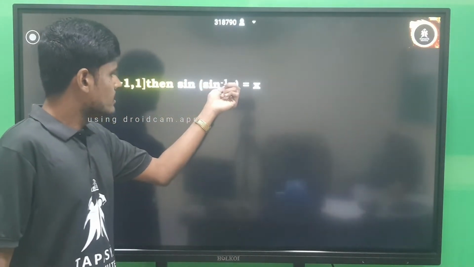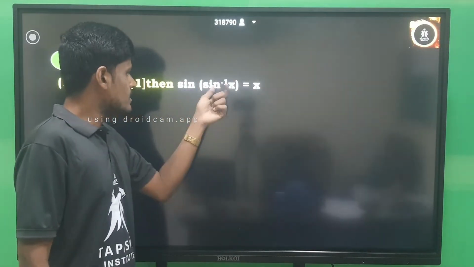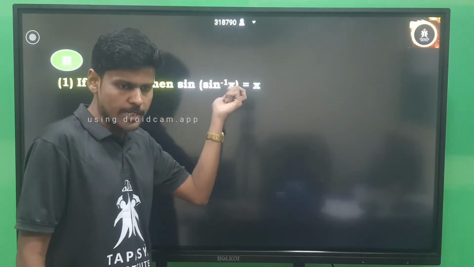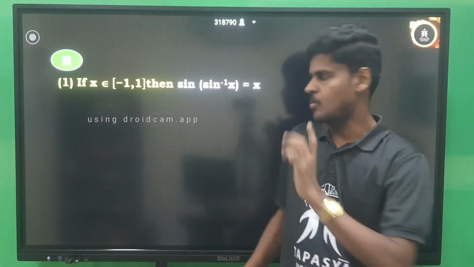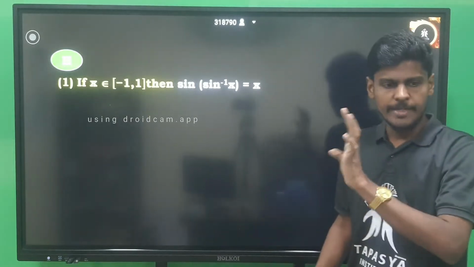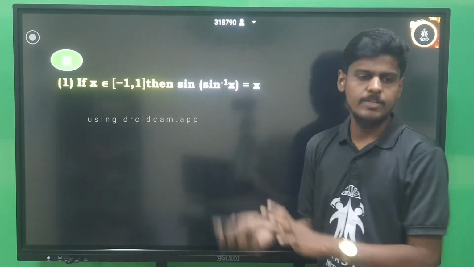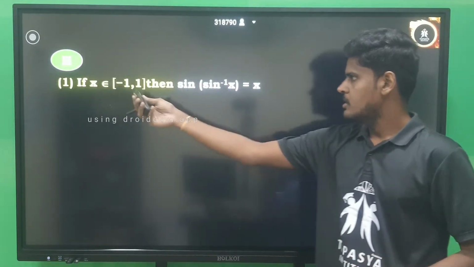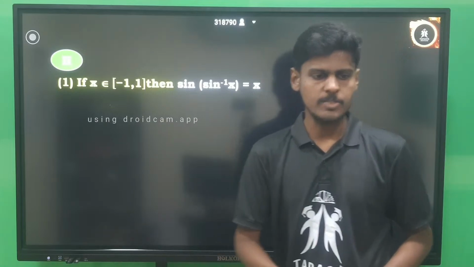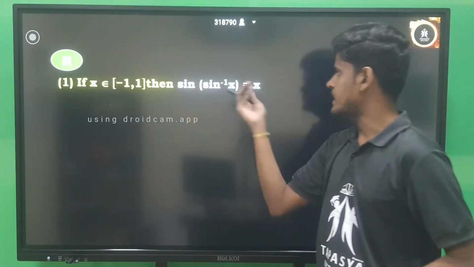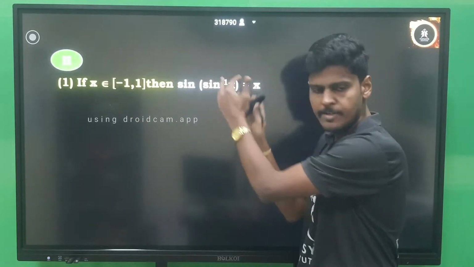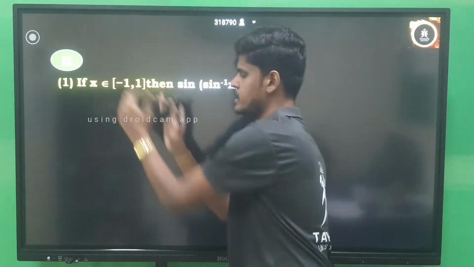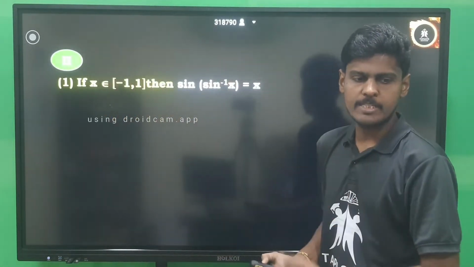And remember, this is only possible when x lies between minus 1 to 1, because only when x is in the domain can we take the value of sin inverse. So this x should belong to minus 1 to 1. Only then we can write this property. This curve sin of sin inverse x exists only in this region, not like the previous time.